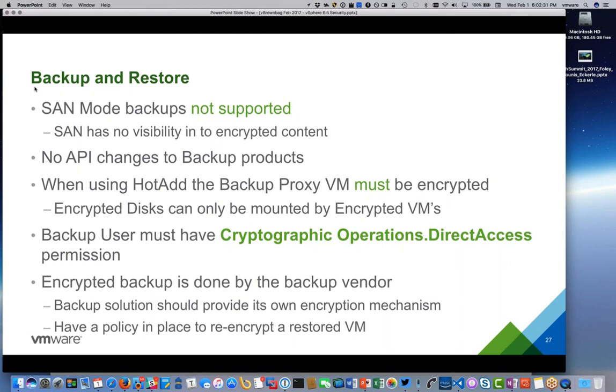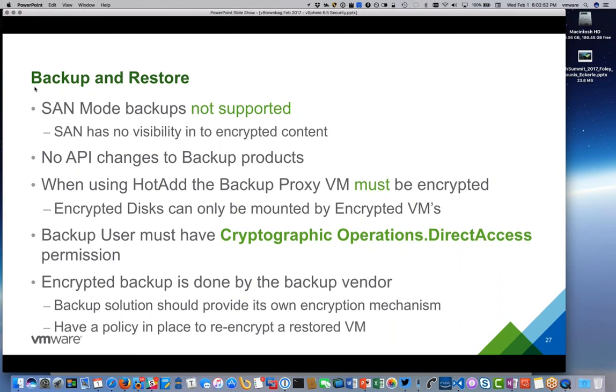So you'll see more over time the backup vendors really starting to figure out more and better ways to do this, but today it will just work. One thing to remember and to talk about with your backup vendors is how you restore that VM.